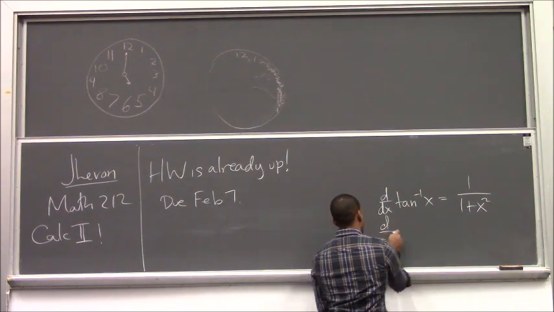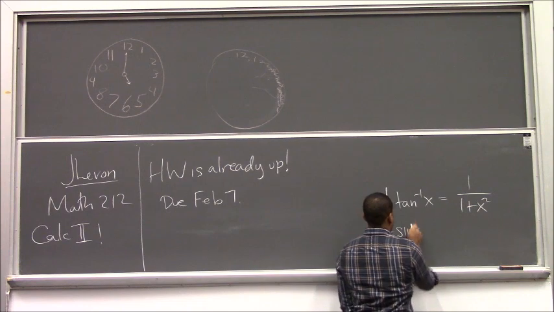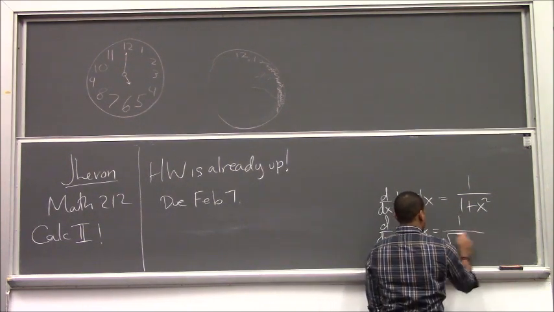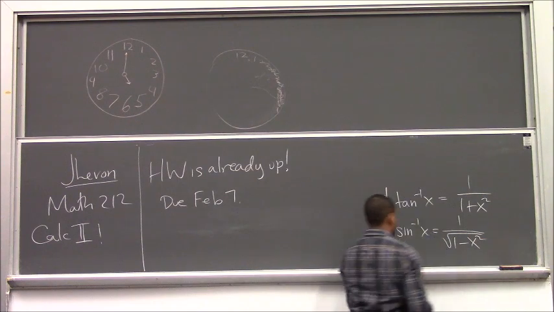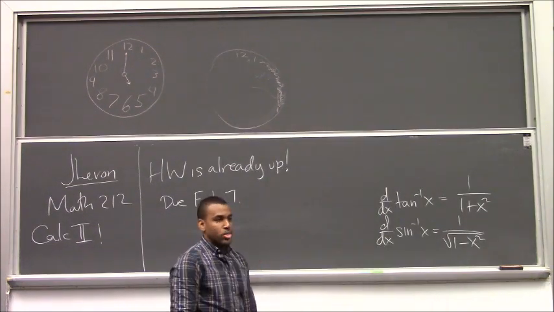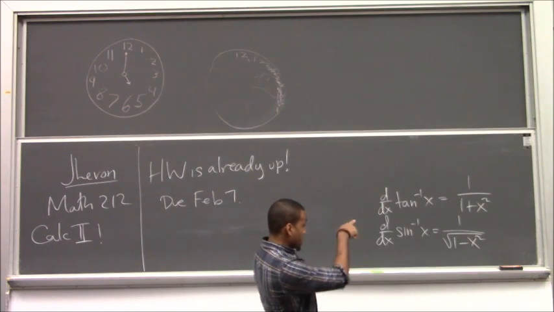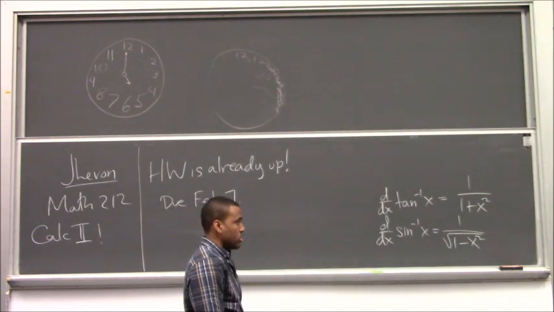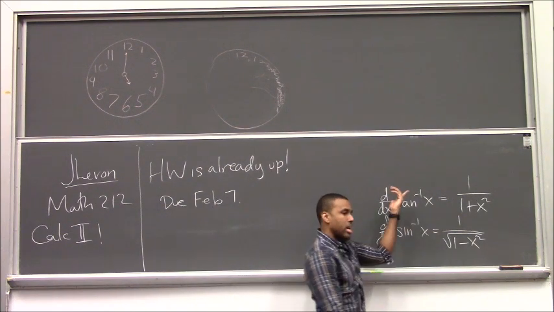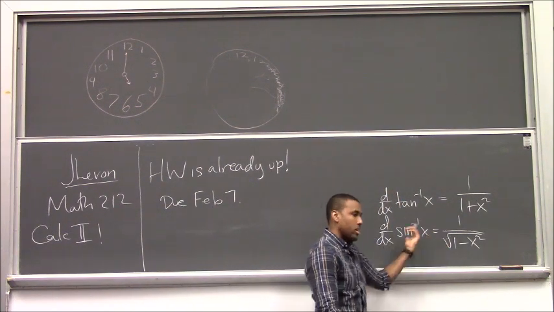Do you know what that is? 1 over... Yeah, Jhevon expects you to know that. I don't expect you to know it for the cosine inverse or the secant inverse or the cotangent inverse or any of that. Tangent and sine inverse though, I expect you to know their derivatives. Hence, I also expect you to know that the integral of this guy is going to give you that guy plus c, and the integral of this guy is going to give you that guy plus c.